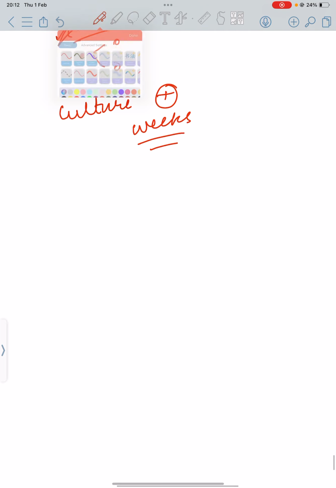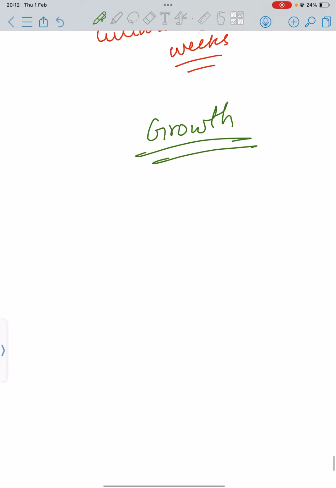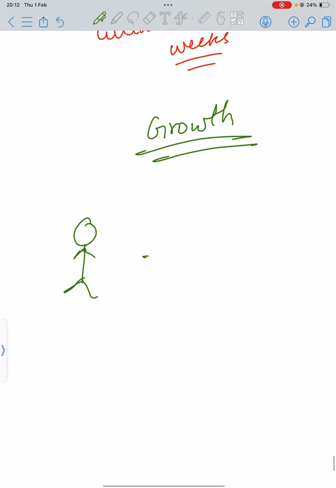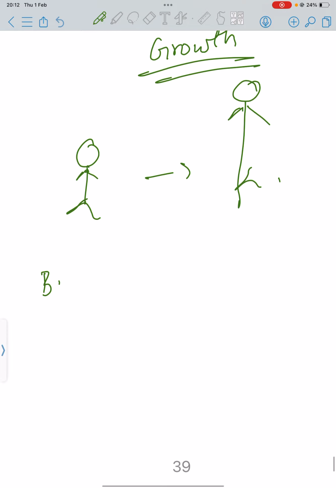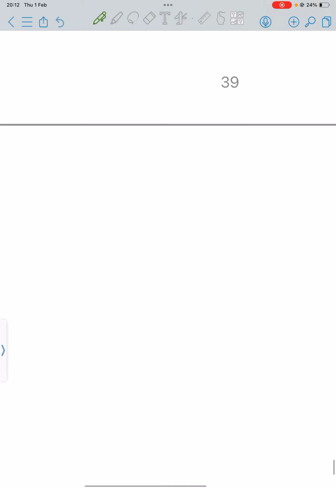Now let's just talk about growth. What is growth? For humans, this is growth, right? But for bacteria, being able to multiply is growth. Okay, so there are two scenarios.